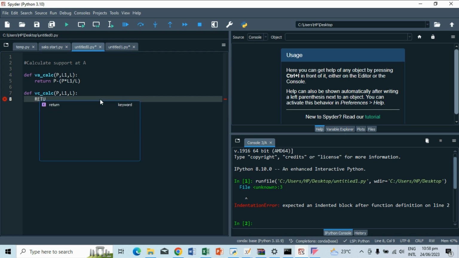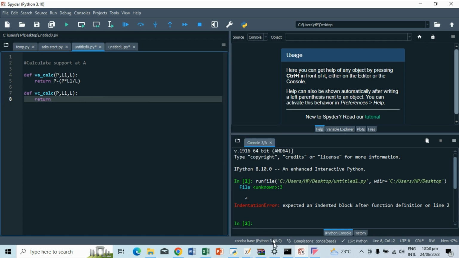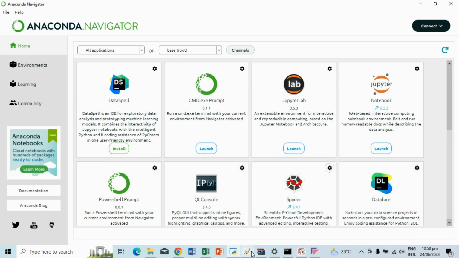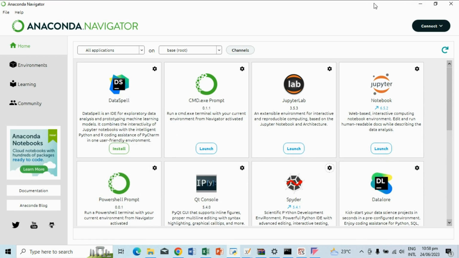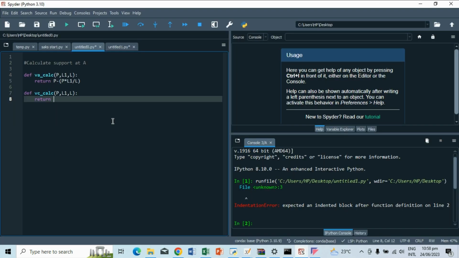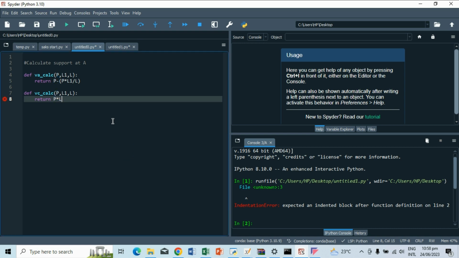Return VC. So for VC, P multiplied by L1 on L. Right, so that will be our function.